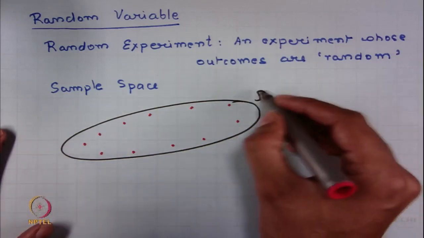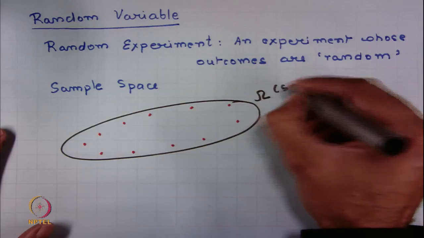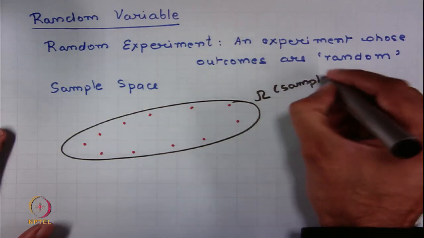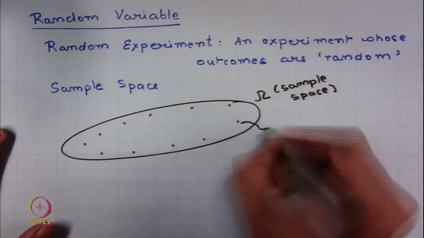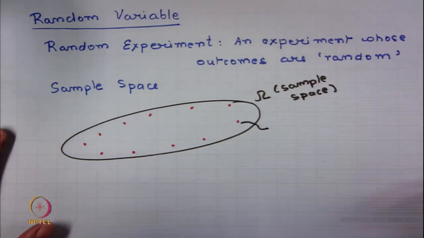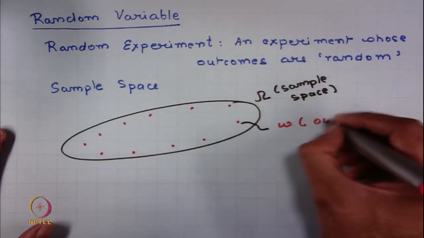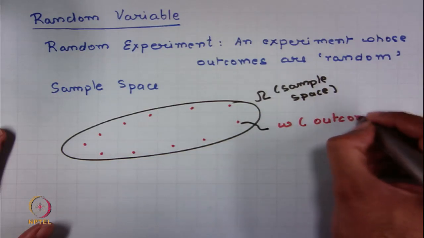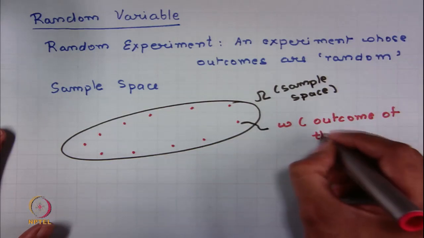So, this is omega denoting the sample space, which is a collection of all possible outcomes, and this outcome we usually denote with little omega, which here denotes the outcome of the experiment.